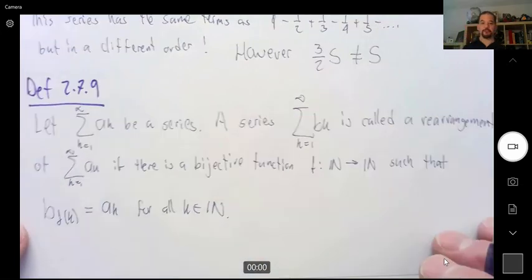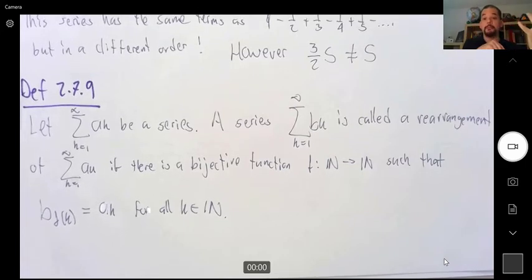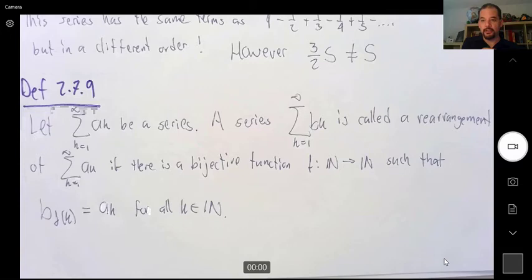In other words, it's a rearrangement if we can change the subindices in a different way, but it has to be a bijection. It's not okay to put the same term twice or to avoid some of the terms that were in the original series. We want to keep all the terms, and each one of them appears exactly once.